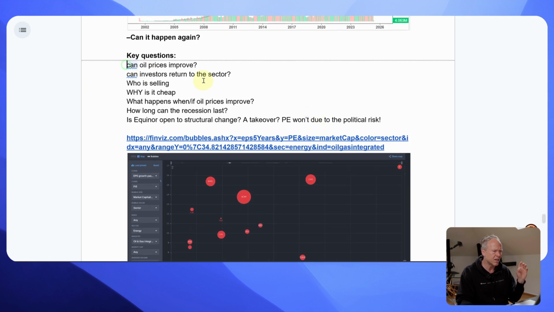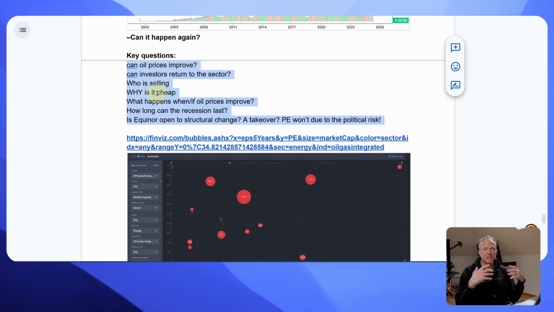So we have a couple of key questions here that we really can't answer right now. It has to do with, can investors return to the sector? It's been unloved for quite some time now, and it's also been called too unloved, that it's really about time you bought into it, and still nothing really happens.